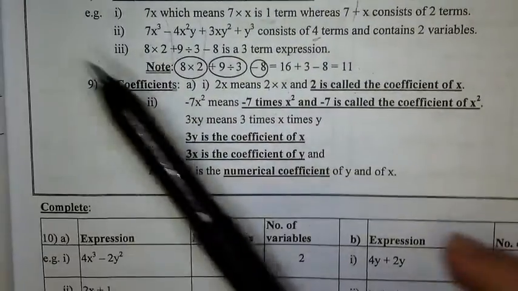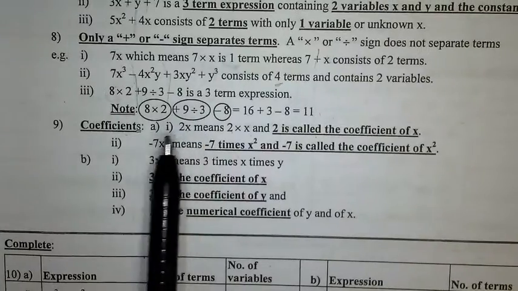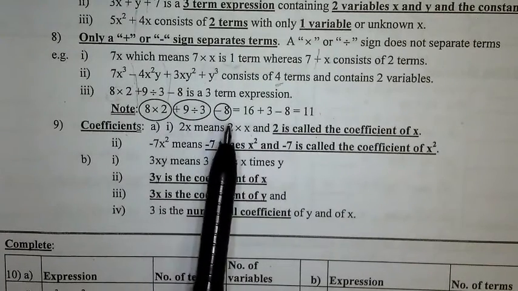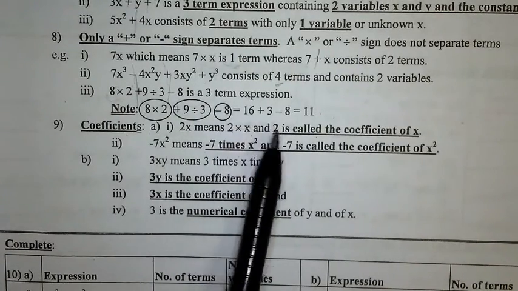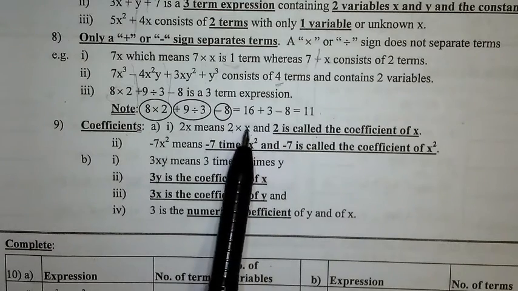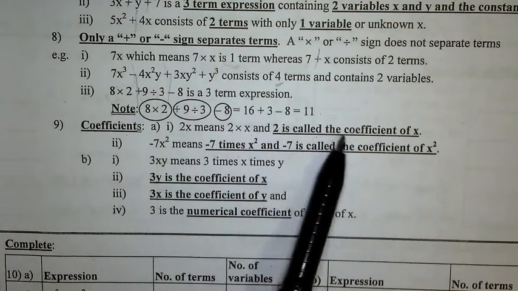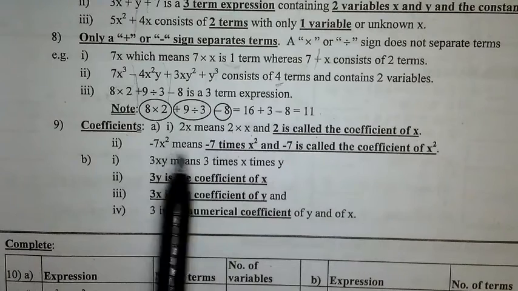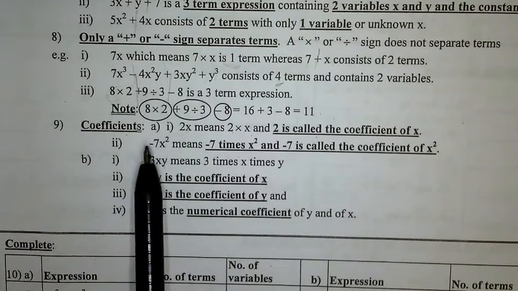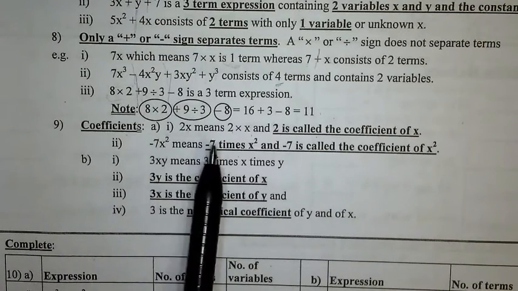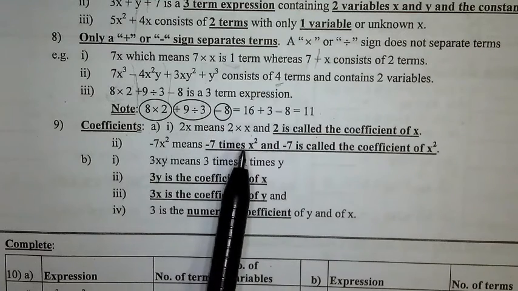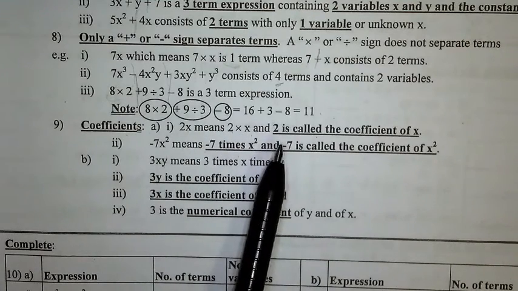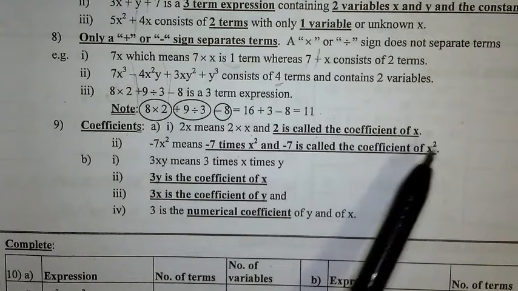If I look at more examples of coefficient, if you say 2x, that means 2 times x, so the number in front of my variable x is called the coefficient of x. If you look at negative 7x squared, that means negative 7 times my x squared, so negative 7 is called the coefficient of x squared.